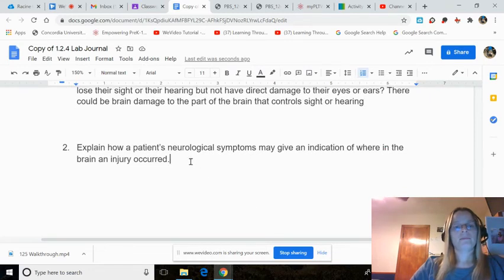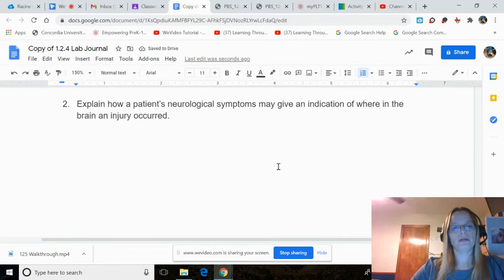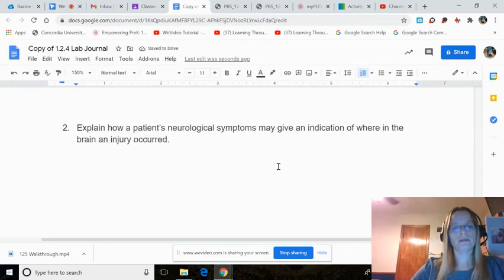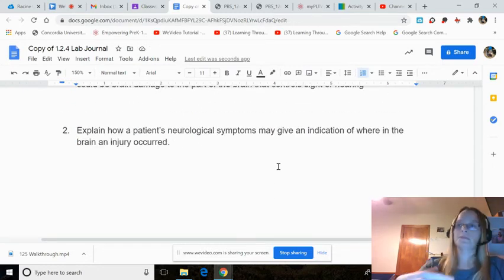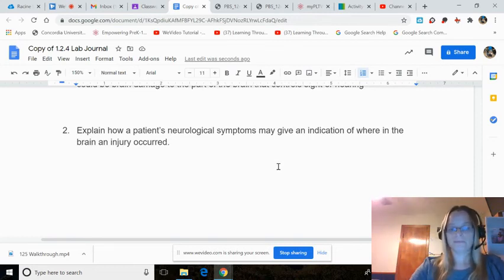So explain how a patient's neurological symptoms may give an indication of where a brain injury occurred. Neurological symptoms are what they're presenting with. So again, remember, different parts of the brain control different sensory information.